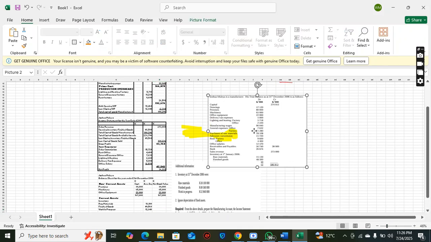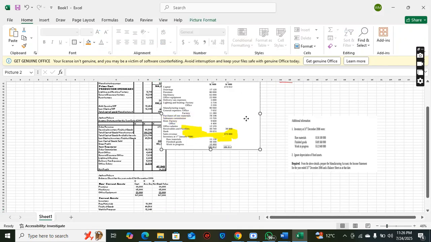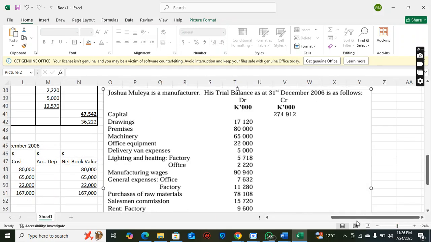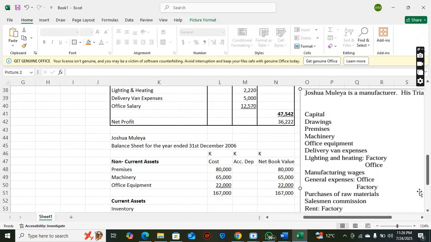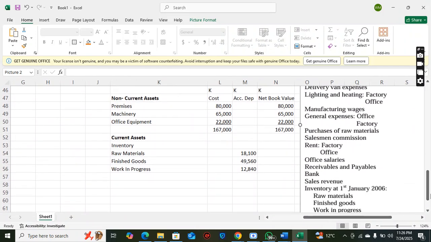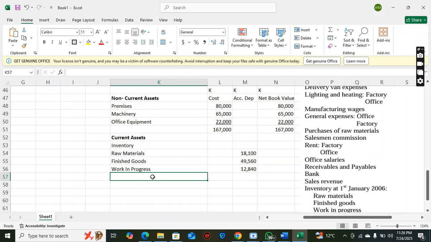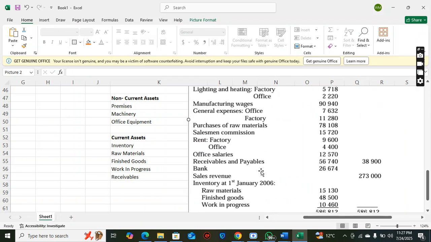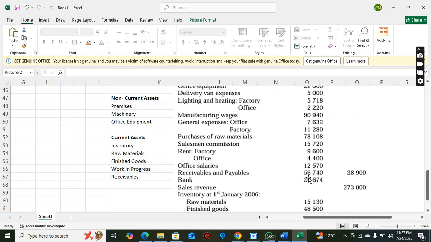How many reached the balance sheet part? Yes, receivables, yes. Mr. Chimunya, receivables will do what? Okay. So which figure are we going to use here?